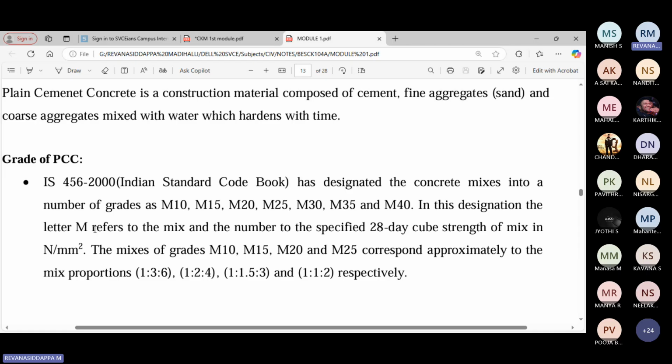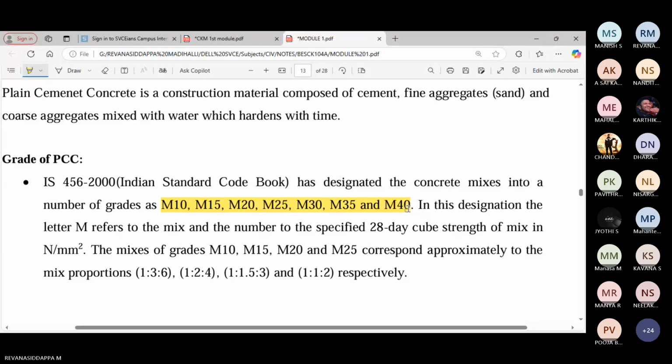Similar to that, we have different grades of concrete. The grade is represented by a number, that is M10, M15, M20, 25, 30, 35, 40, up to, I can say, it may cross 200 sometimes. We are able to develop M200 concrete as well nowadays.